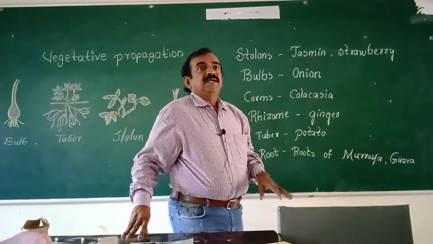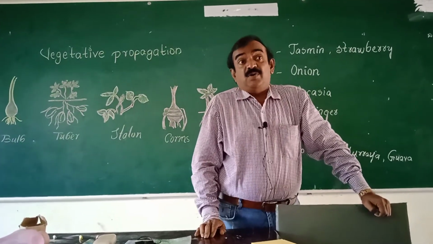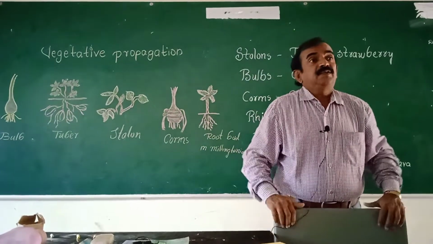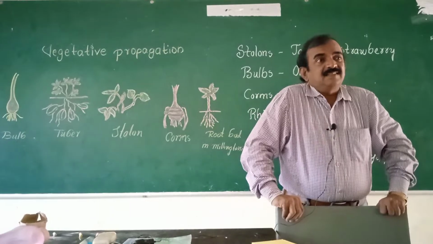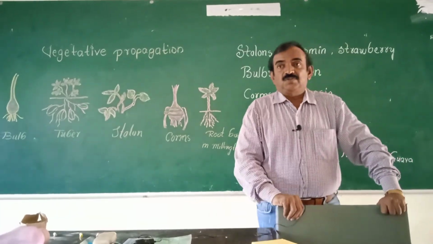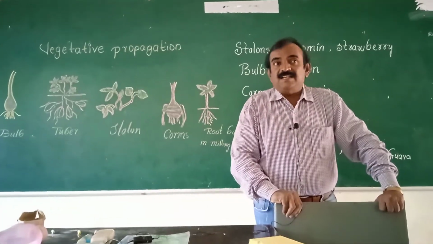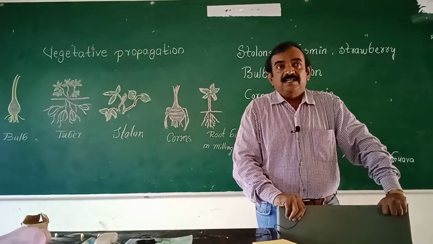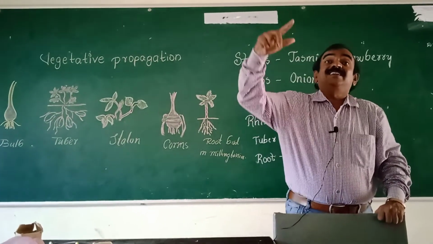So all these are the plants which are producing new plants from their vegetative parts naturally. And this is called natural vegetative propagation. So without our will, without our presence, these plants are producing new plants from their vegetative parts.